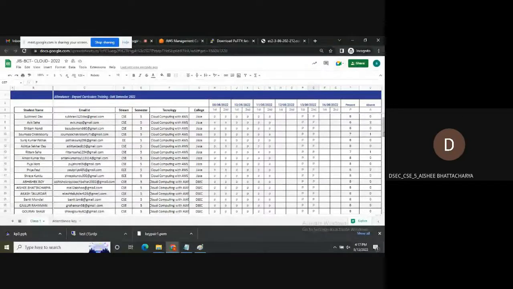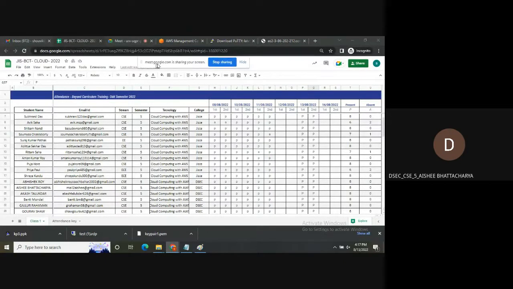I have just worked with basic cloud services, managing cloud storage, creating buckets, and storing files on the cloud. And I have worked with managing admin access, the IAM.